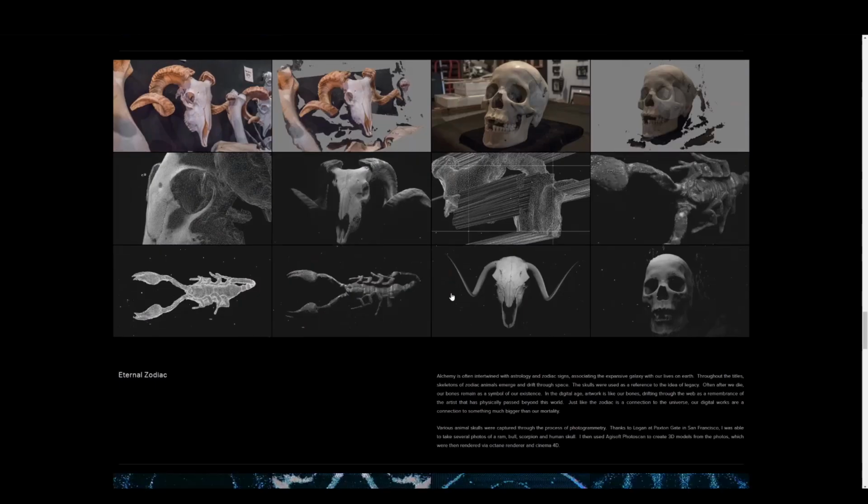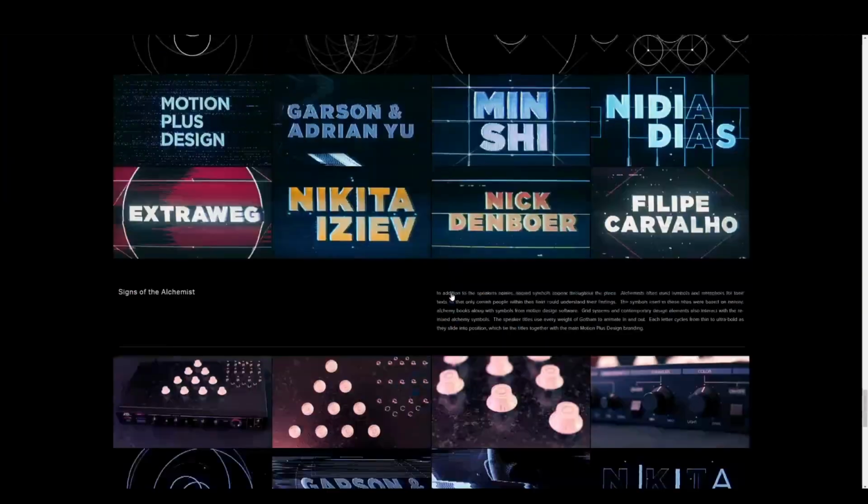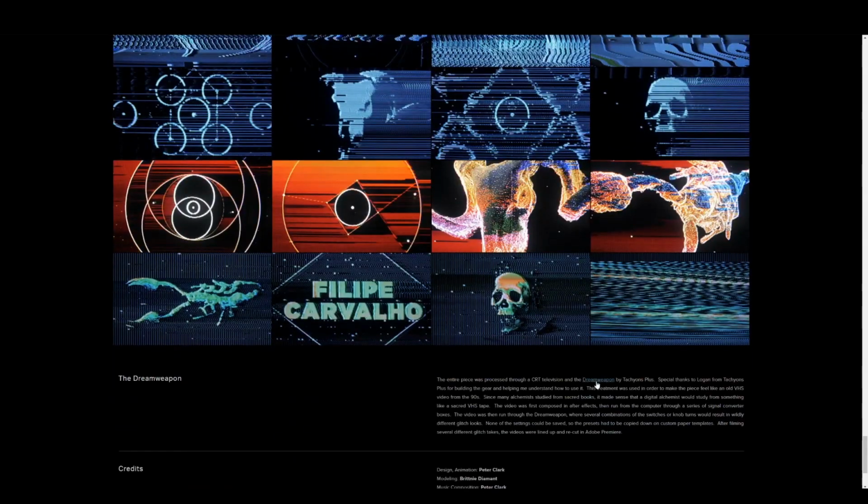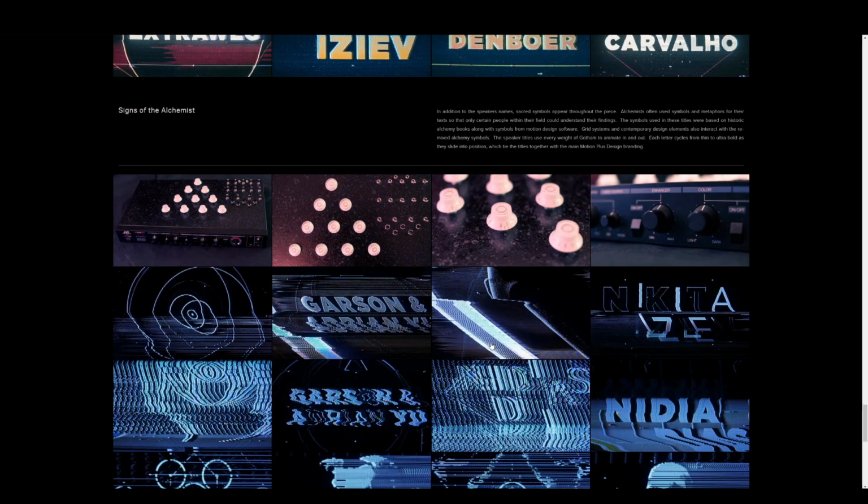Once that's done, he takes it and uses a modulator here to change the references and distort it as he wills when it's playing on the VHS. So he chooses where, when, how, and what color to distort it with this device. Obviously you can buy this device, you can get it from Dream Weapon. Sometimes you have to get your hands dirty and get physical to get something very unique and extremely creative.